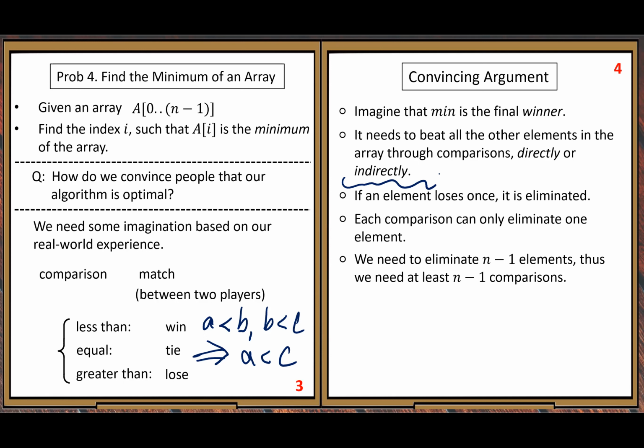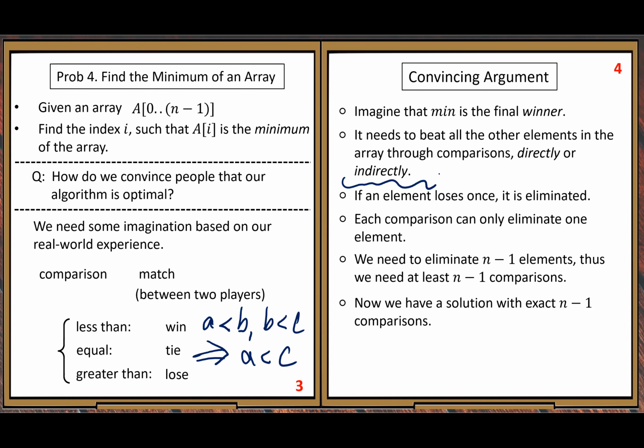Is that convincing? Let us combine all these arguments. Do you think it's enough to convince people? Yes, because we have a solution with exactly n-1 comparisons. So that means our solution is optimal.